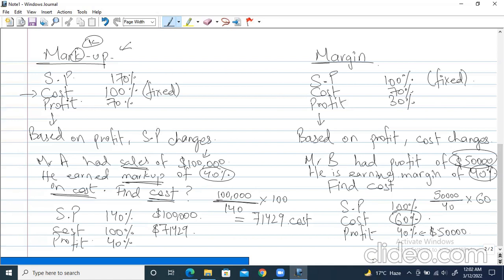So whatever the monetary value is being represented by, we write it in the denominator under the fraction, and whatever we need to reach, the destination, we write after the multiply sign. So this is a very simple concept in markup as well as margin. Got it? This topic is that simple. It's very easy to understand.